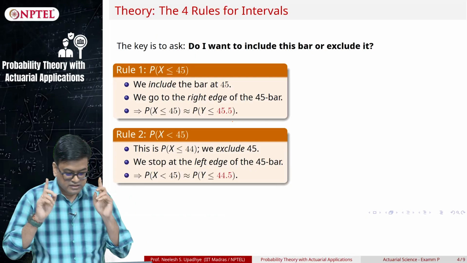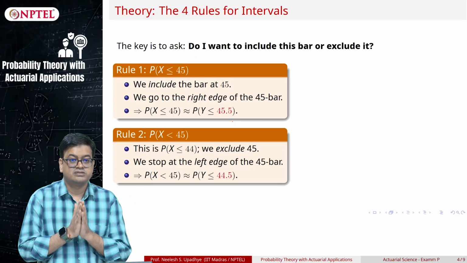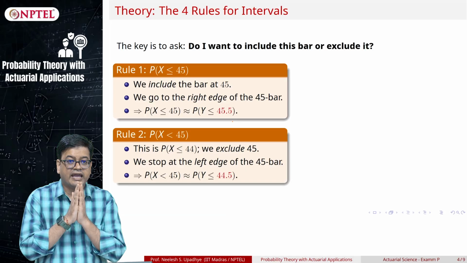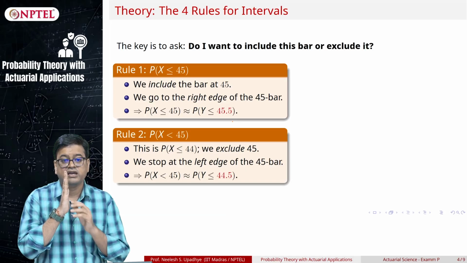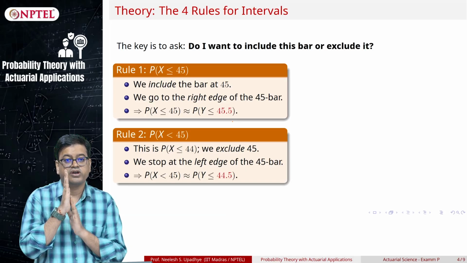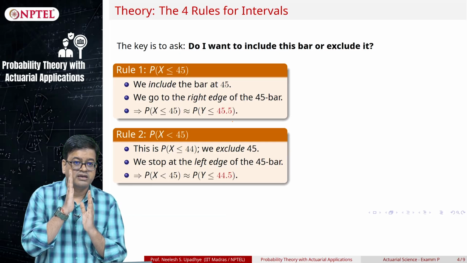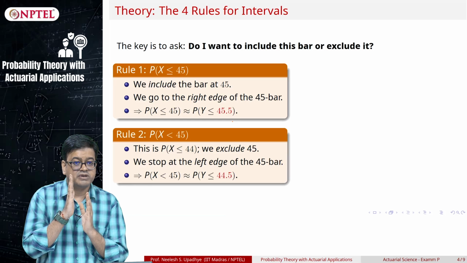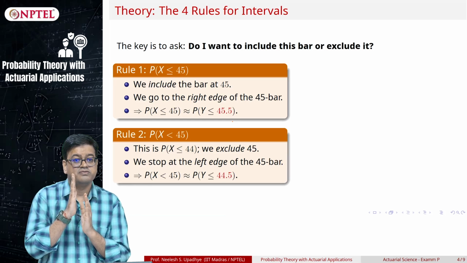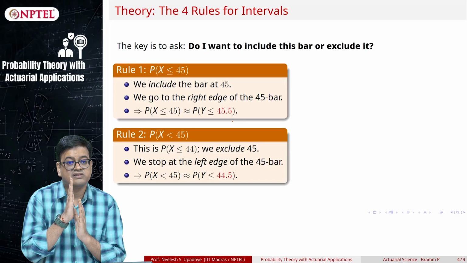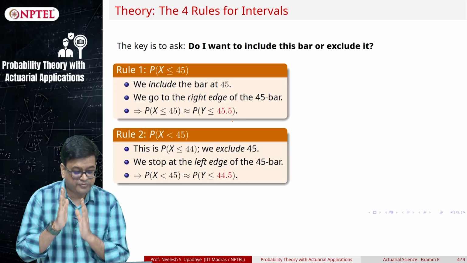So what I will do is very simple. I will exclude the 45 bar, and not only exclude it, I will go half a length below 45. Therefore, I will approximate it with a continuous random variable which is less than or equal to 44.5.